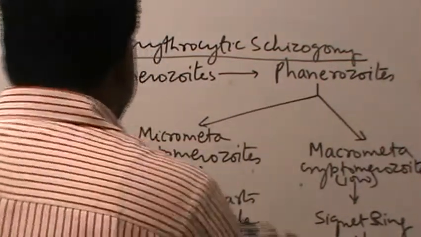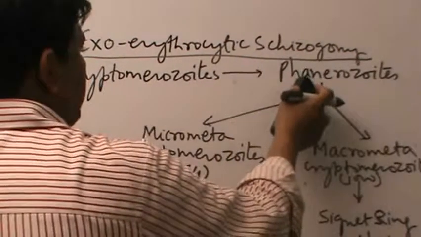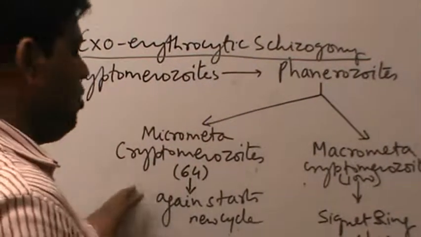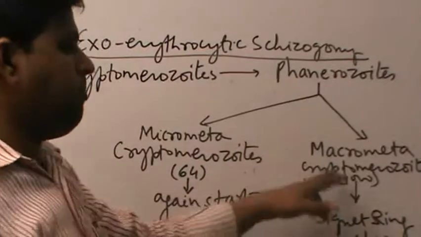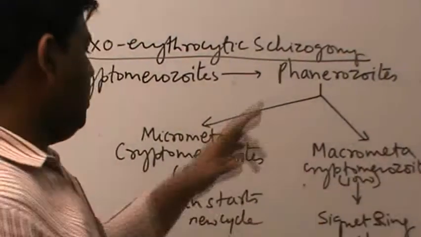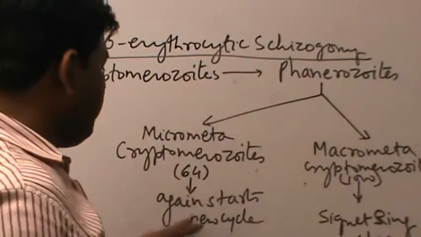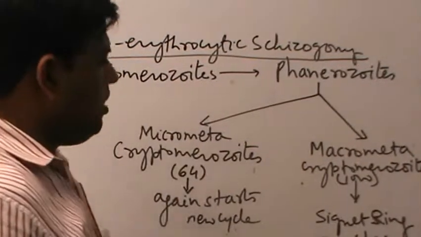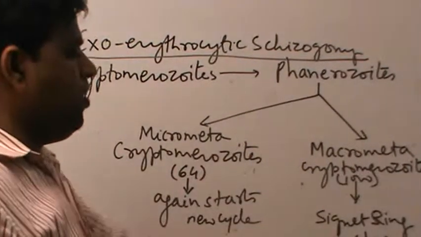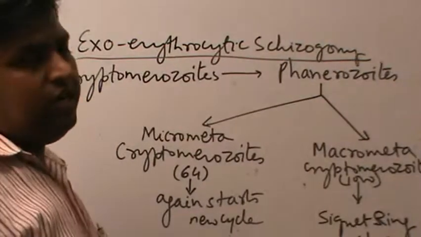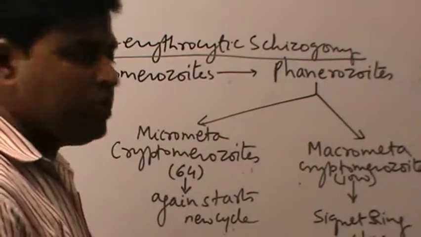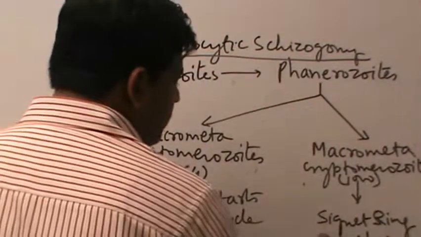This cryptomerozoite to phanerozoite, phanerozoite to micrometa cryptomerozoite, then macrometa cryptomerozoite, each of them will form a new cycle, and each one will undergo the signet ring stage and becomes amoeboid.